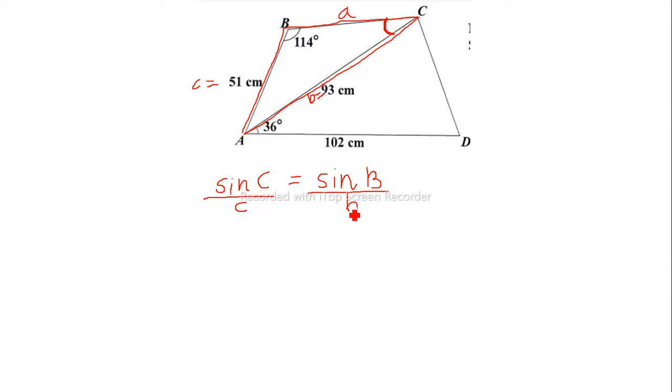Good. So that's the sine rule. Now, we're not using A. We're just using these two.